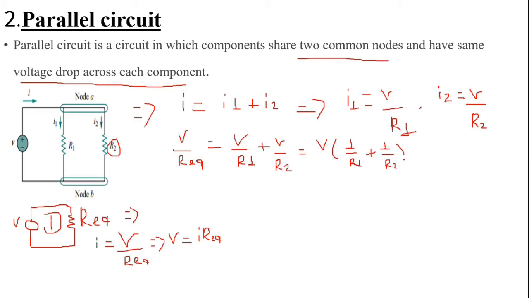Now we can cancel out the voltage on both sides, so we have 1 over R equivalent equals 1 over R1 plus 1 over R2.